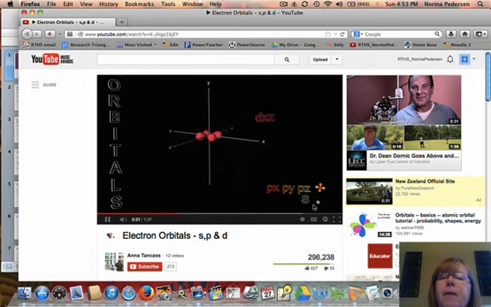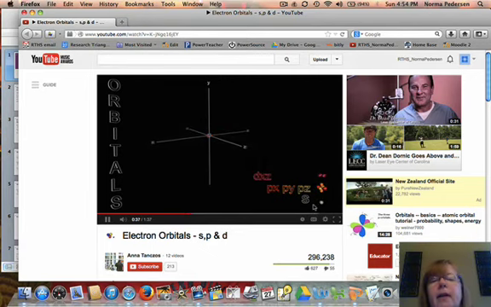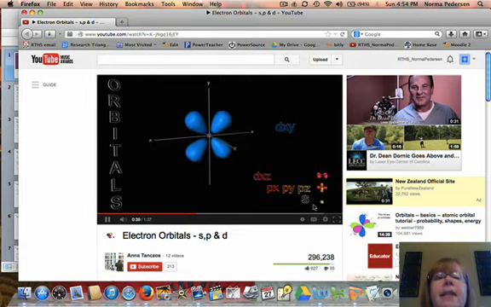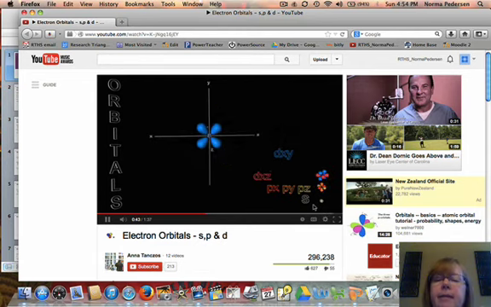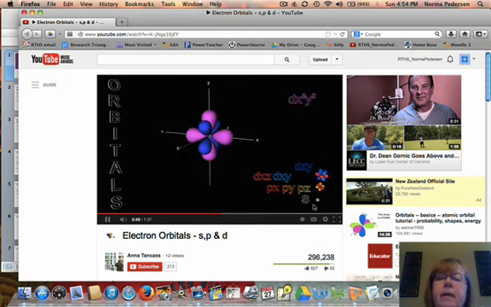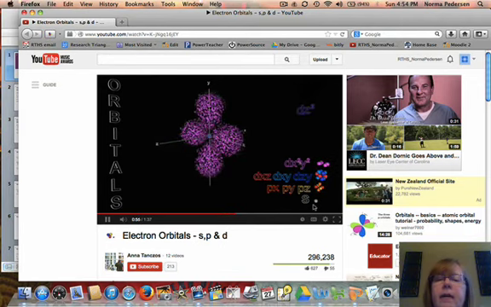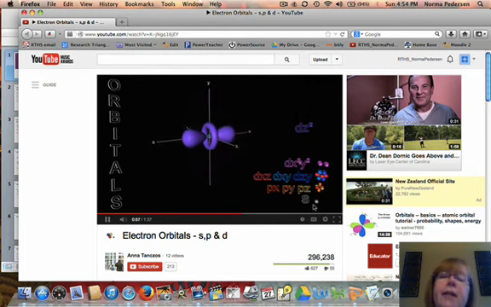And here come the first d orbital. Kind of looks like a clover leaf. So that's one d orbital. Here comes the second d orbital, oriented differently in space. Here comes our third d orbital, our fourth d orbital, and here is the fifth d orbital.